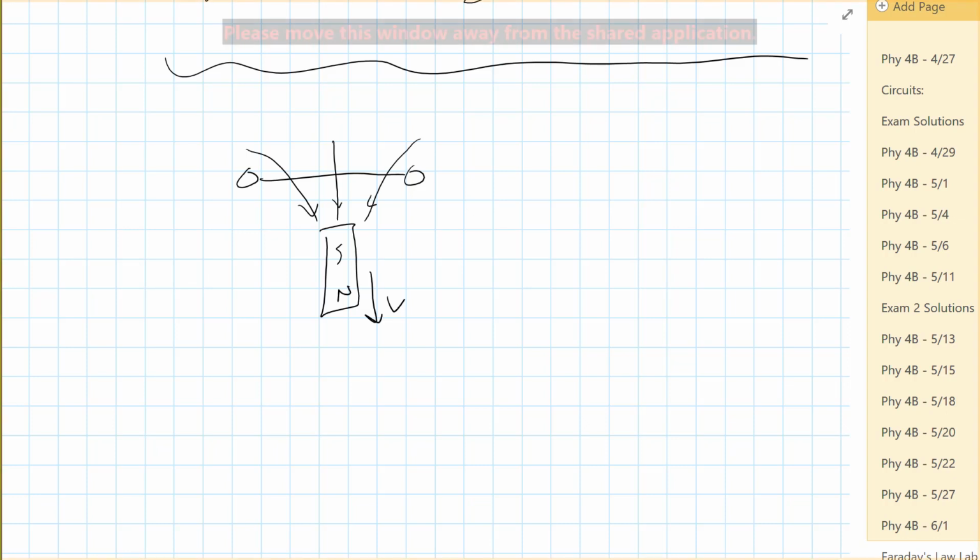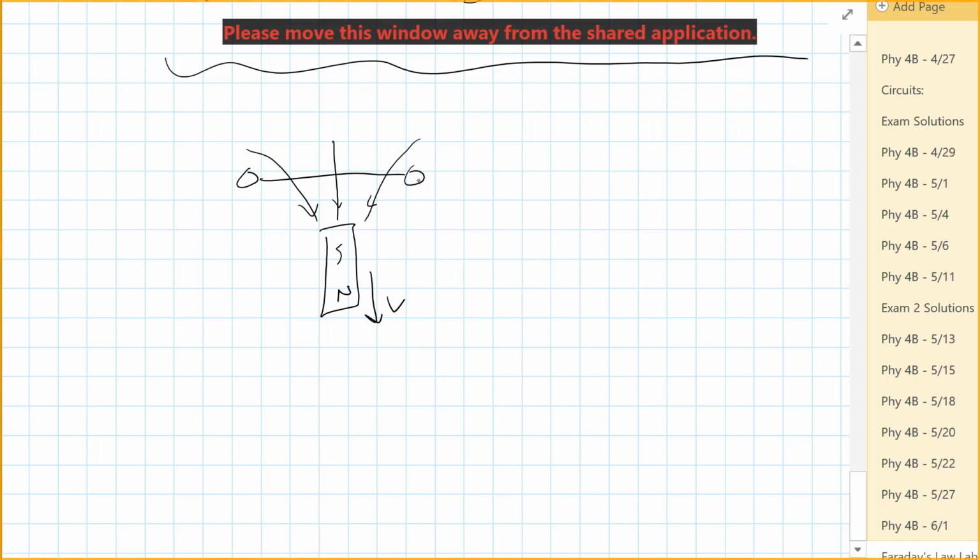So the current gets set up to add its own magnetic field. The current has to come out on this side and go in on this side, so it adds to it because it doesn't like the change.